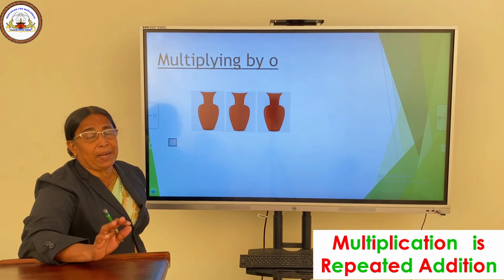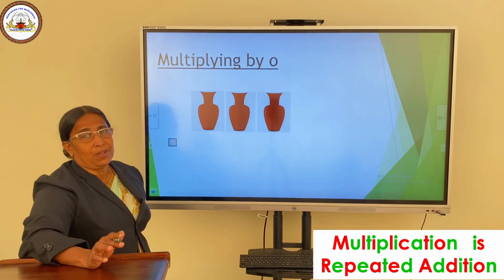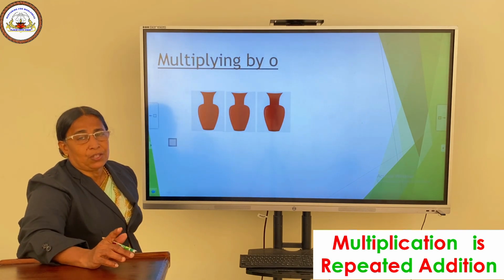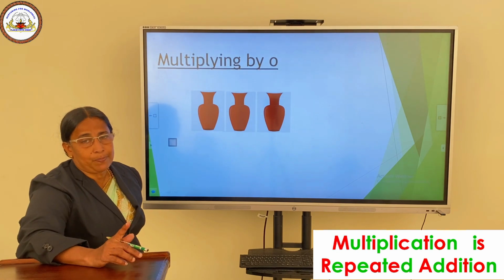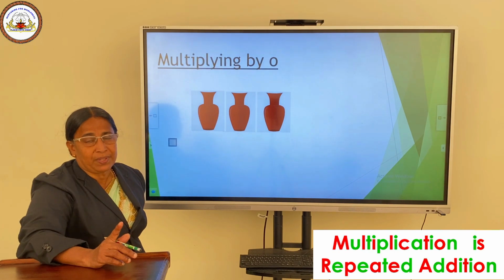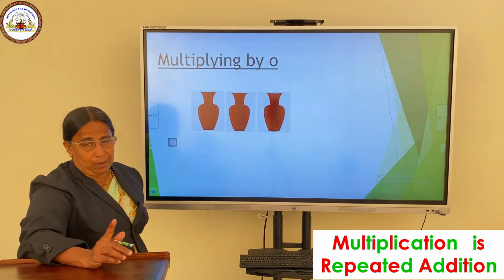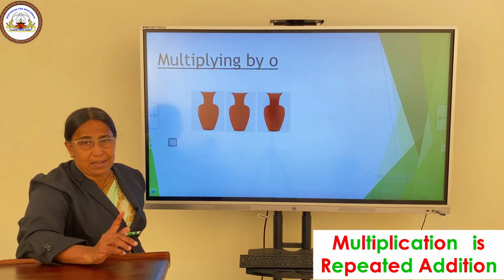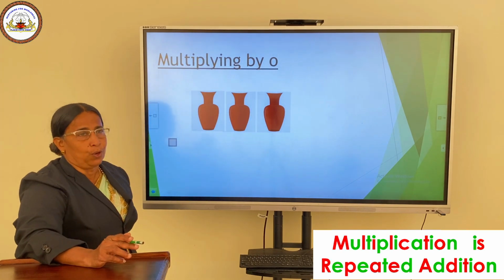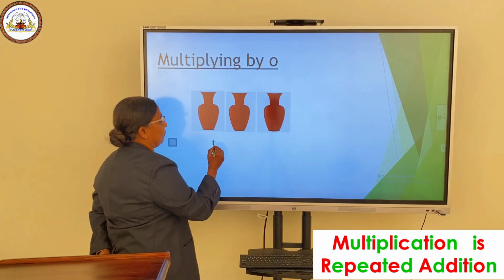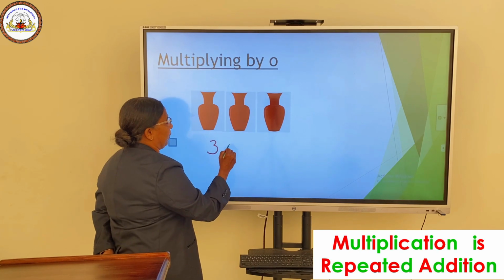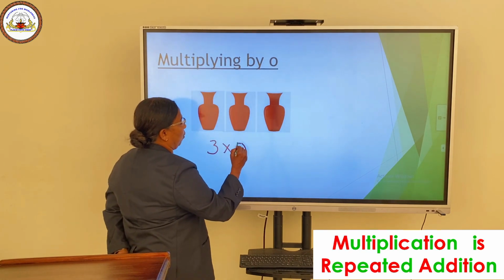Next property is multiplying by 0. So what do you see? You can see some flower vases. Are they empty? Yes, they are empty. That means no flowers are in each flower vase. No flowers with 3 flower vases, you can write it as 3 into 0.